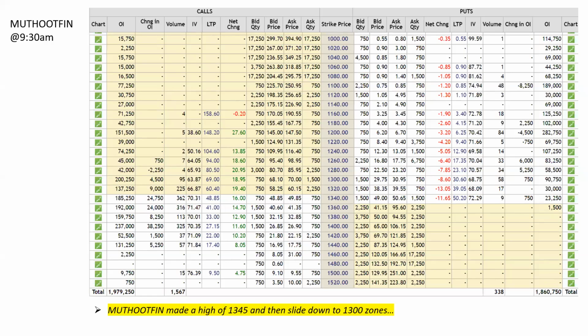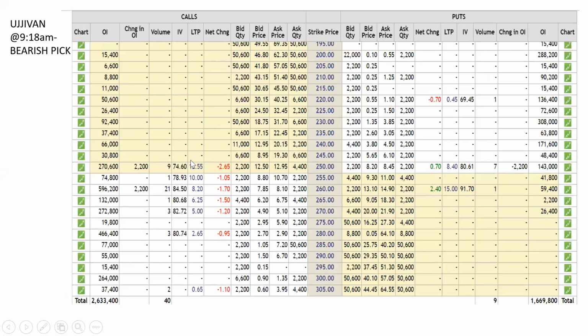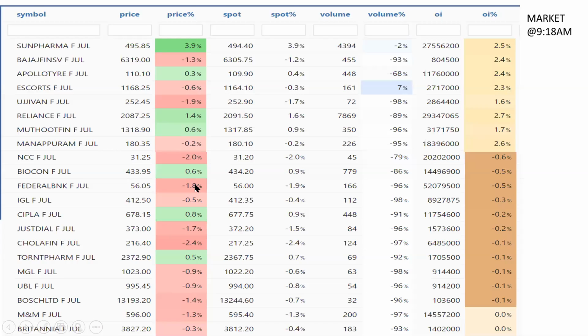So this is Muthoot. Now we saw what happened after 9:18 a.m. Our picks were Sun Pharma, Ujjivan, Reliance, NCC, and Federal Bank. NCC and Federal Bank were more on the downside, but they have recovered a bit compared to our previous chart, because NCC was 2% down and Federal Bank 1.8% down.